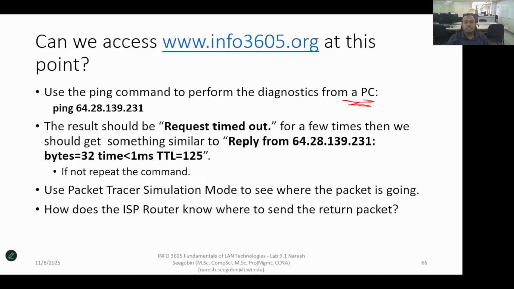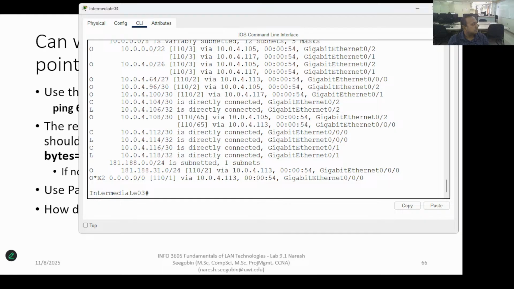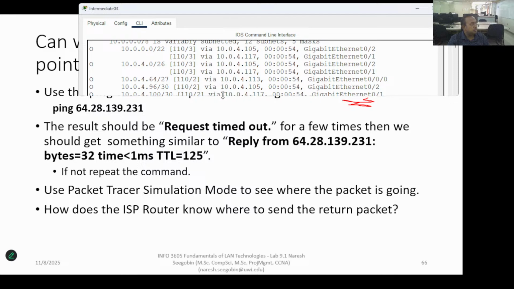I tried pinging from a router, and there was no DNS setup, but we could do it from a router. We could ping the 64.28.139.231. It should work. I will work it from a PC afterwards.